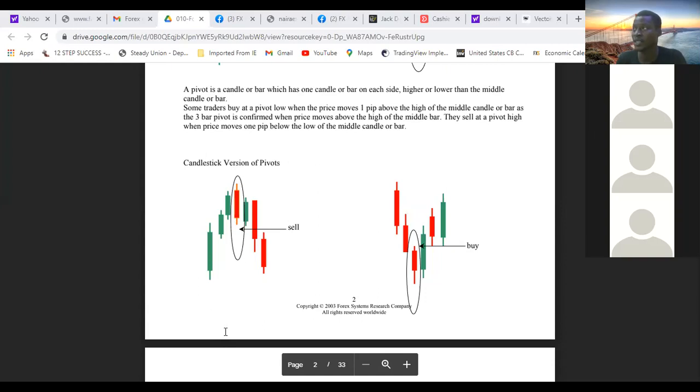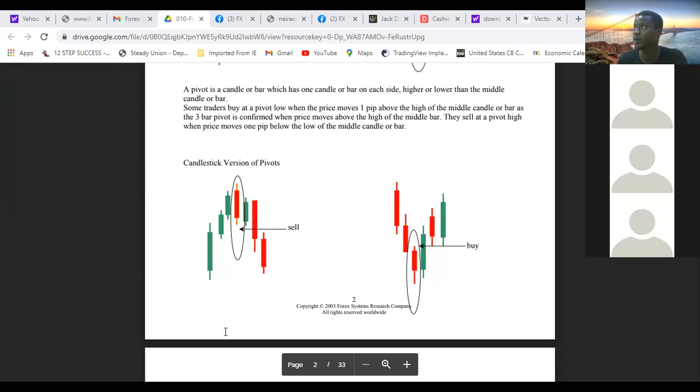So this strategy actually requires patience. For those who do not have time to be staying in front of their system, they can also use this strategy, where you get a setup that has a risk to reward of 1 to 2, and you know how much you are going to risk. There's a formula I use for money management, to calculate the lot size you're supposed to use.